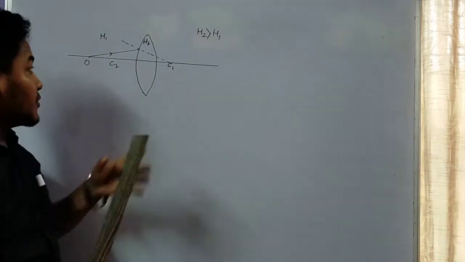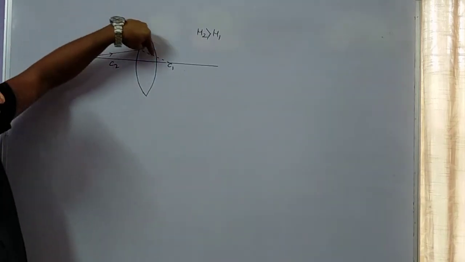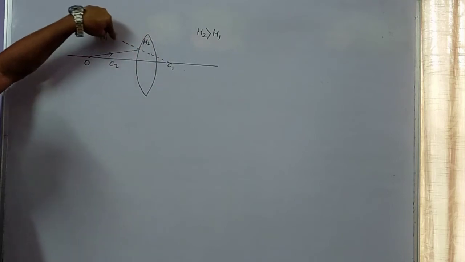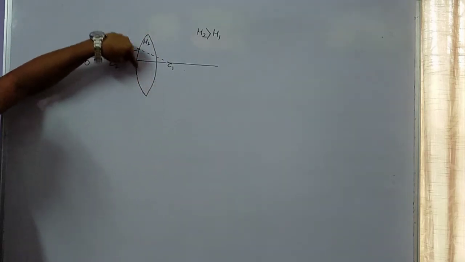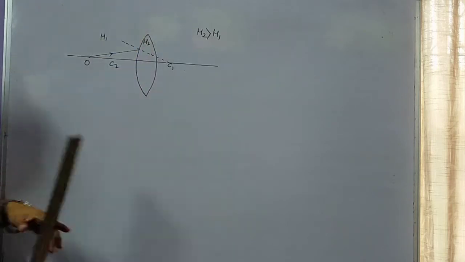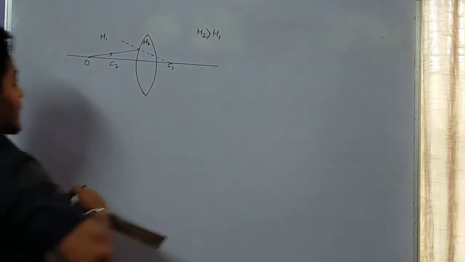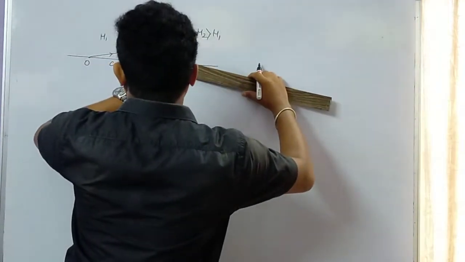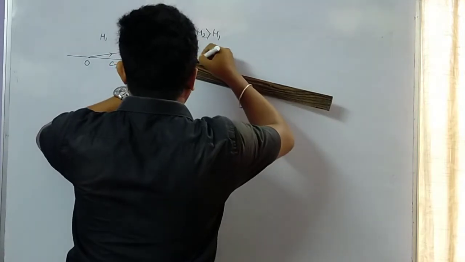Remember, the normal should be drawn exactly at the center of curvature. So this is the normal for the first refracting surface, the first spherical surface, at this point. Am I clear? After refraction, this ray will bend towards the normal.